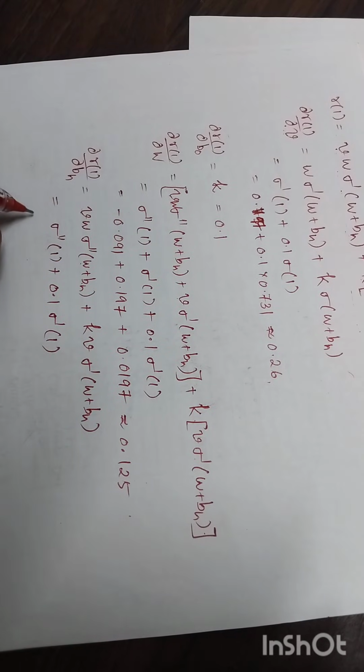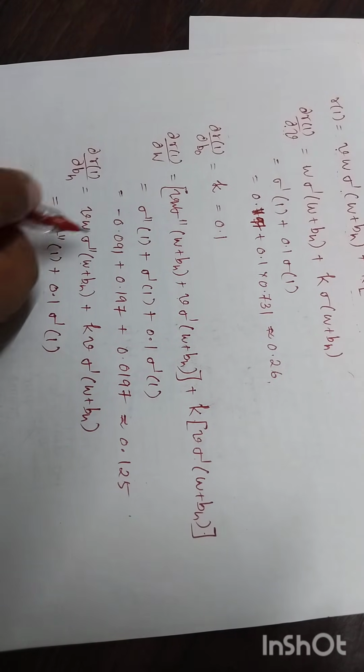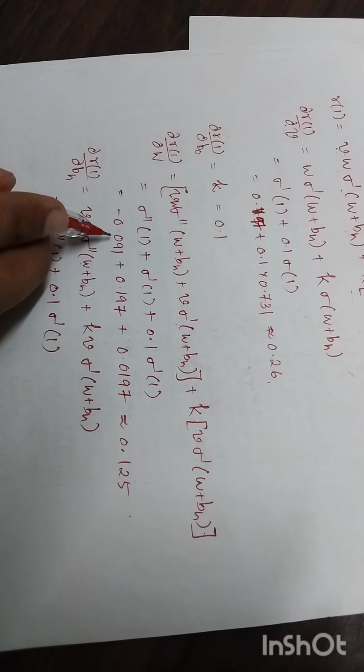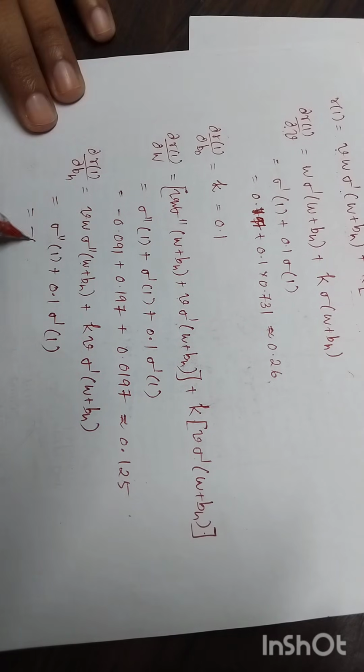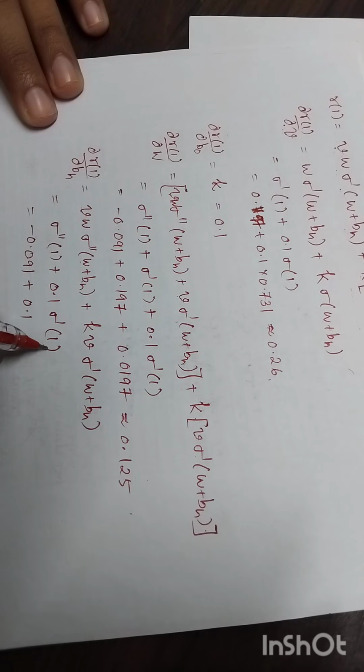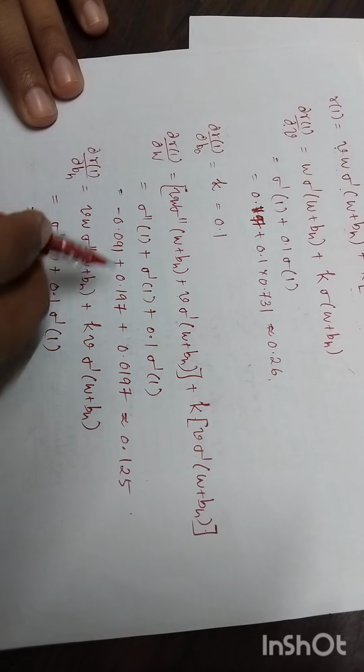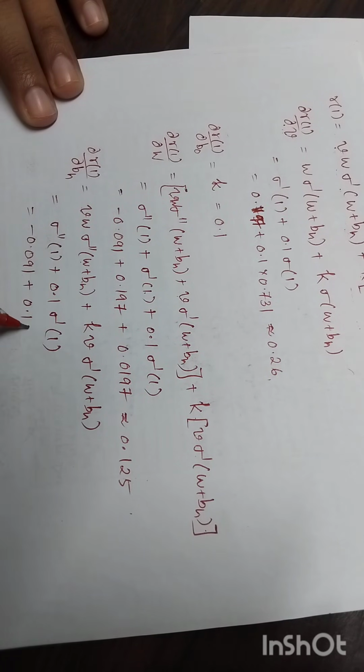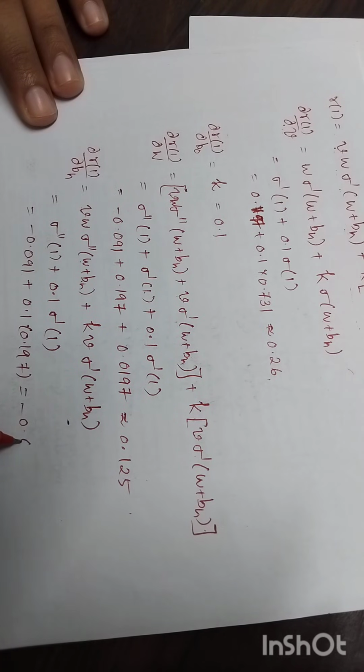So sigma double dash of 1, we already have the value, which is minus 0.091, plus 0.1 into sigma dash of 1, which is again 0.197. So you just calculate this value, which should come around minus 0.0712.